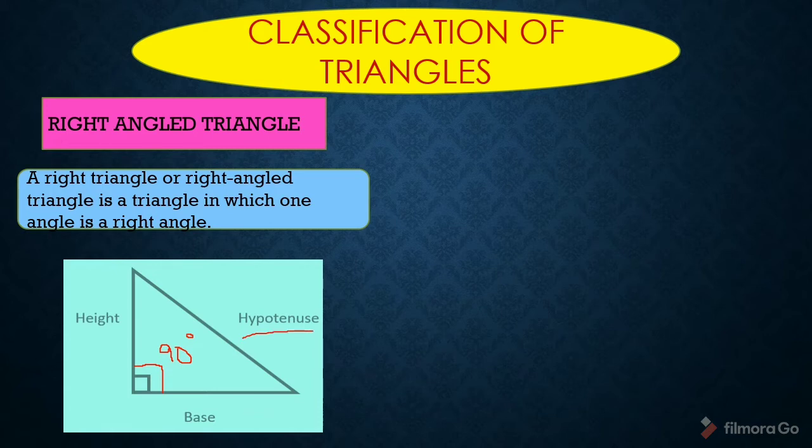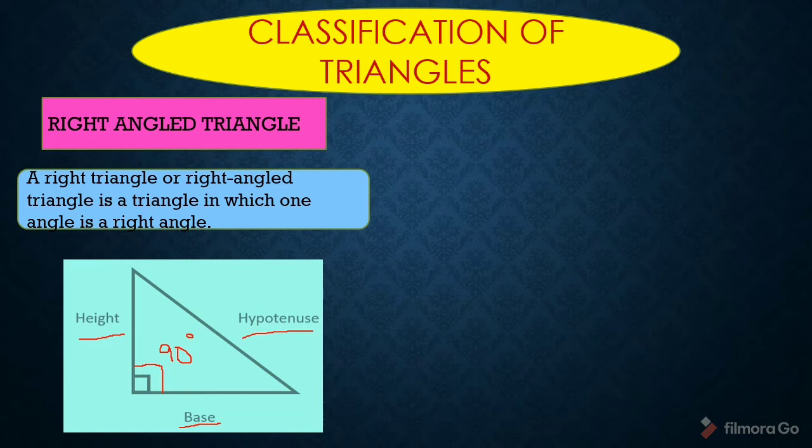Okay, and this one is base and this one is height. We can use Pythagoras theorem. In 7th class you will learn the Pythagoras theorem which is related to right angle triangle.